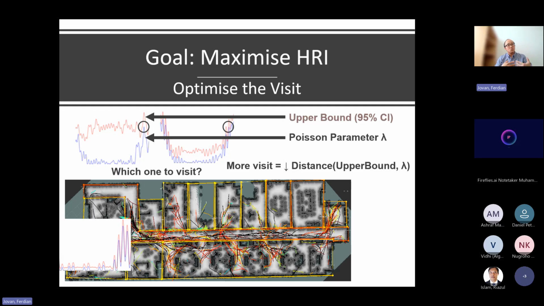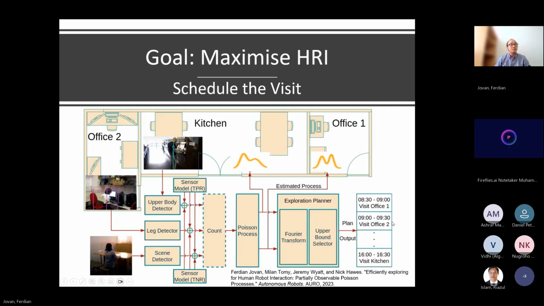This is where the exploitation part comes into play. So you just use the red line to choose the place, and you're going to see a lot of people. That is the exploration-exploitation trade-off using this strategy.